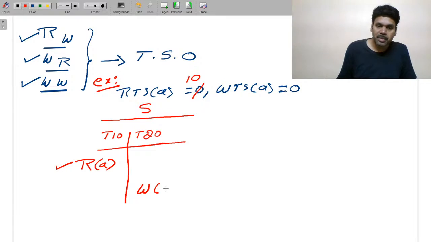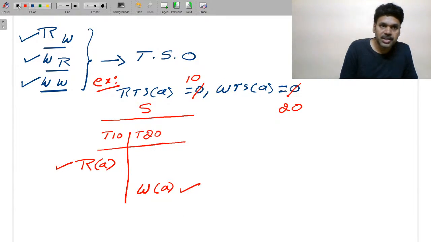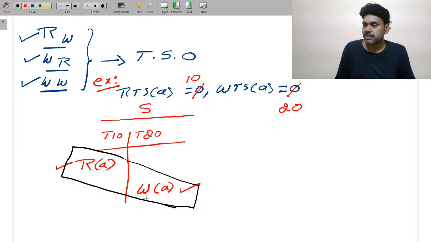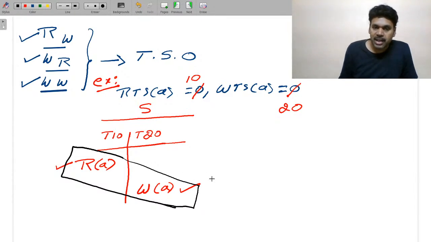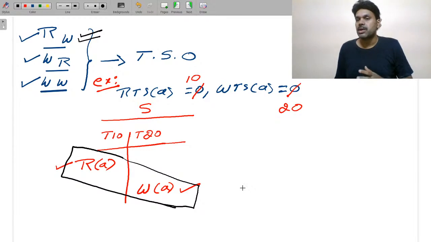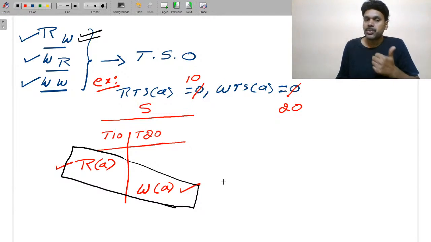Now I am performing W of A. This is also possible. WTS becomes 20. So which conflict is this? You can say the conflict is RW. So RW and WW conflicts are allowed in timestamp ordering. But what is disallowed? I will prove it to you.